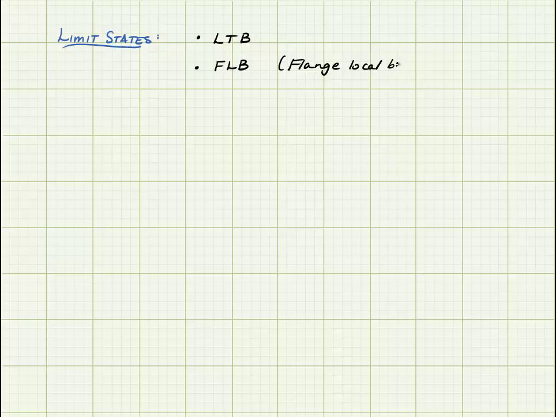So limit states. I'm going to list them both here. Lateral torsional buckling, flange local buckling, and then I'm going to cross off lateral torsional buckling because we have continuous lateral support.